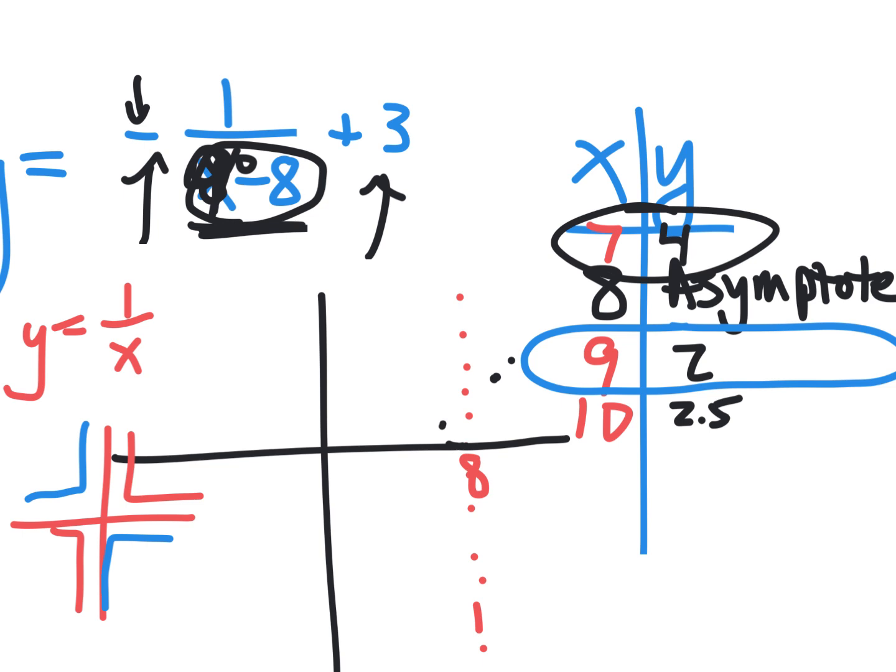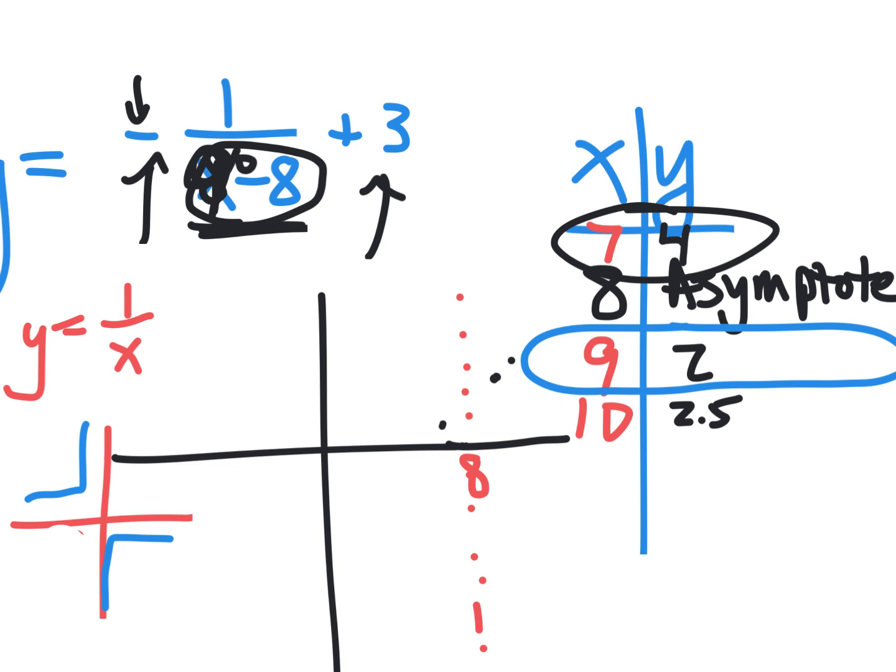So it should look like the blue one, except moved way to the right and up 3. So here's my up 3. Wait a minute. Maybe down 3 because of this negative. Ooh, that's messing with my head. Let me think. Flip it.